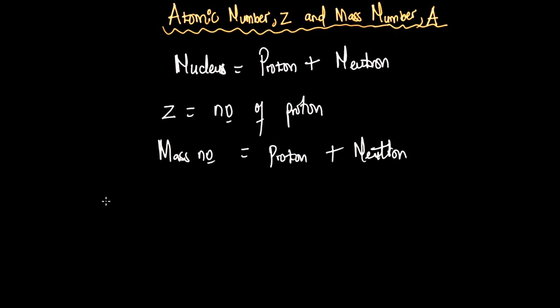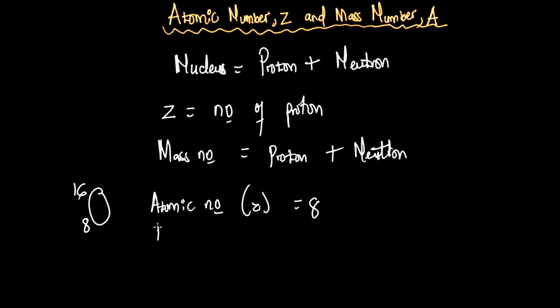So let's say that we have an oxygen atom. We have this 16. The atomic number Z is 8, which is the number of protons there. So this is the number of protons.